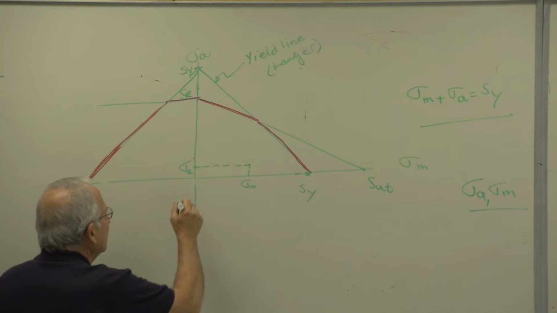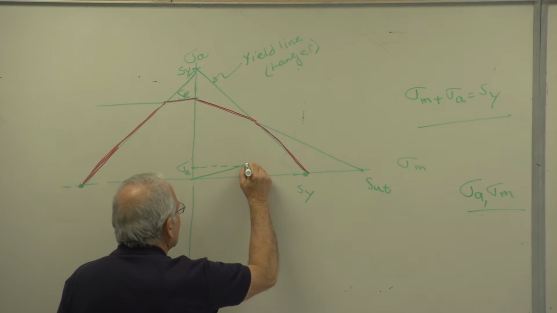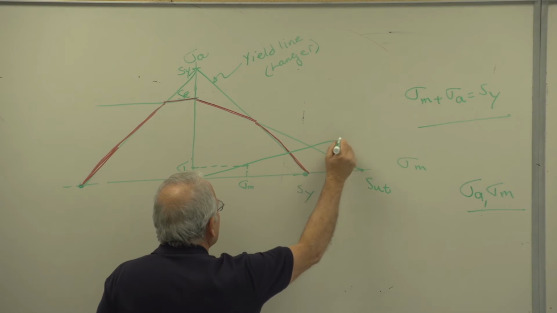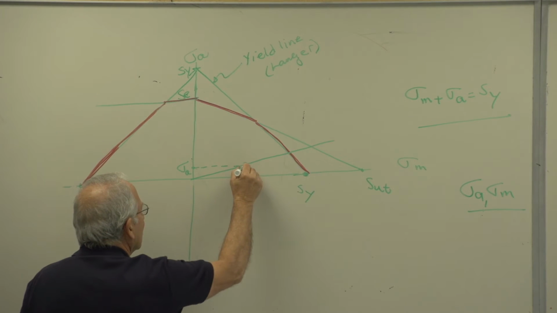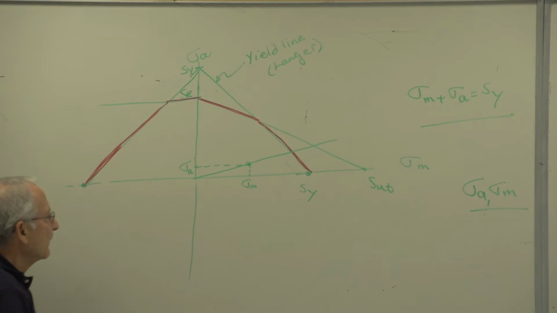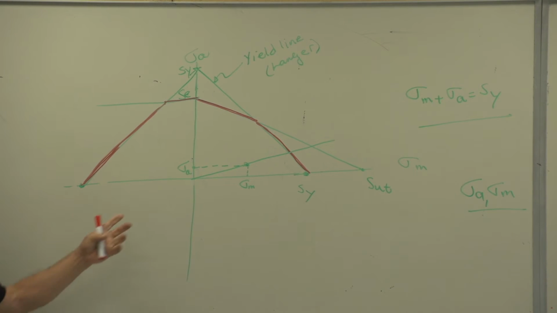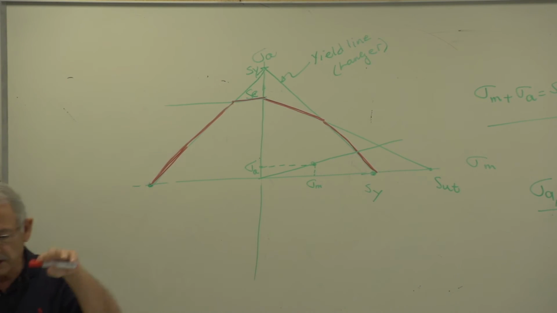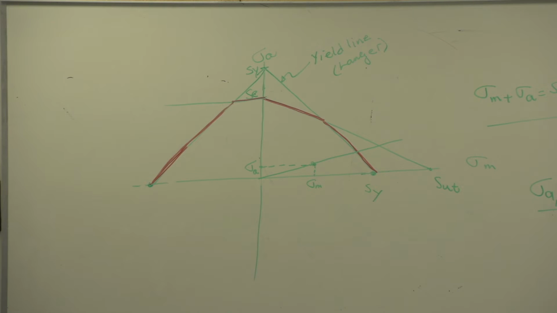My load line goes from the origin through that point and continues. If I continue increasing sigma A and sigma M by the same factor, 2 times, 3 times, 5 times, whatever, the failure would be of what kind? What kind of failure will occur for that load line that I just drew?